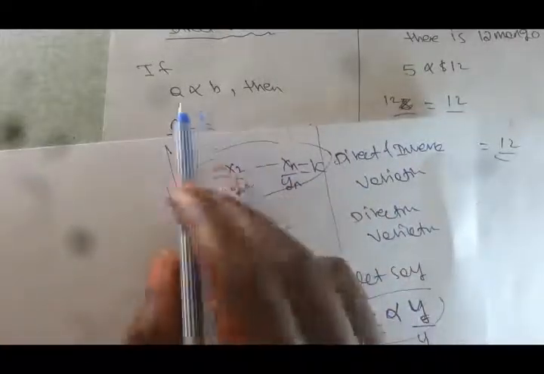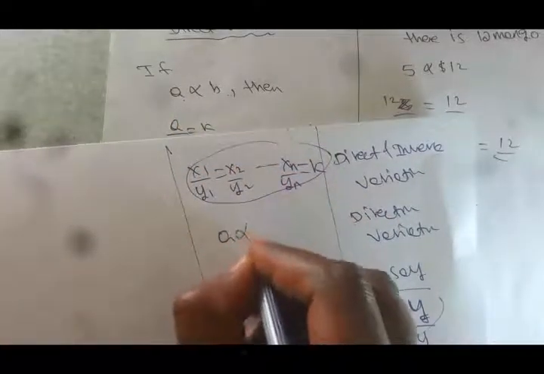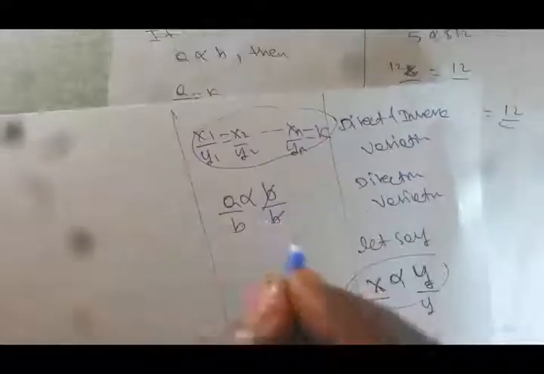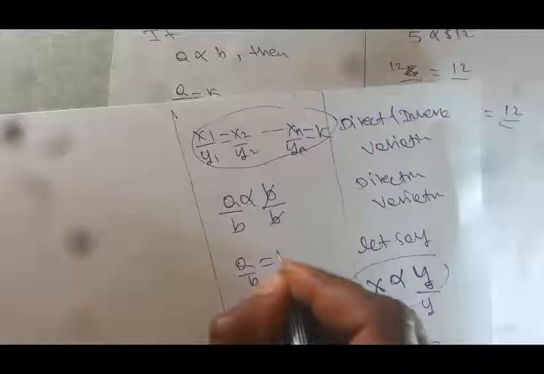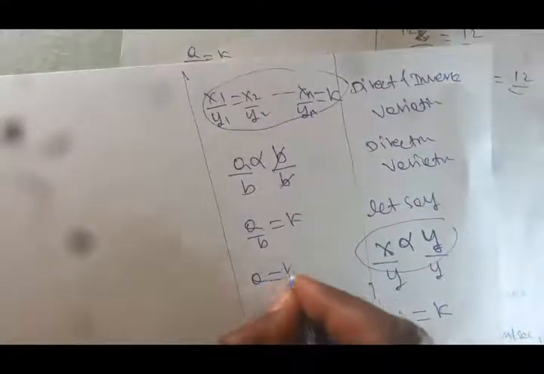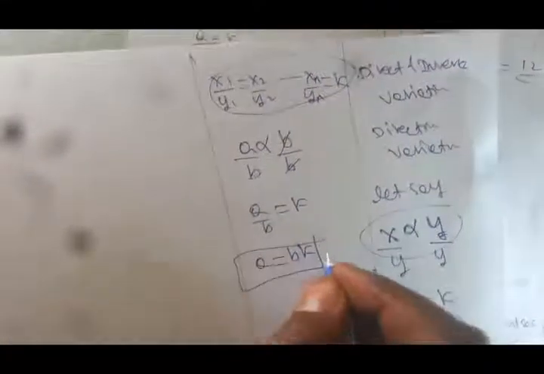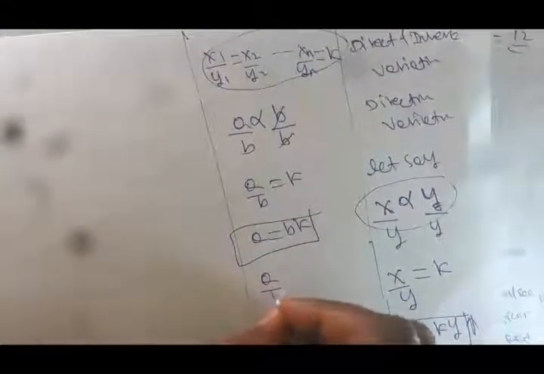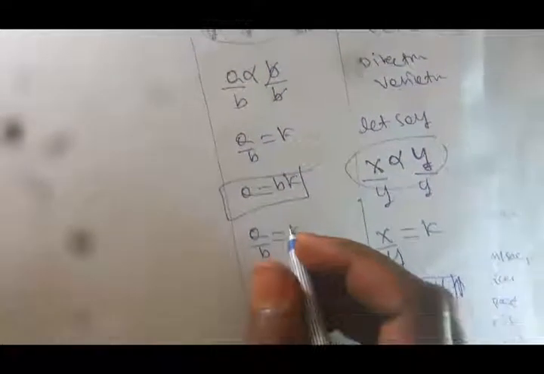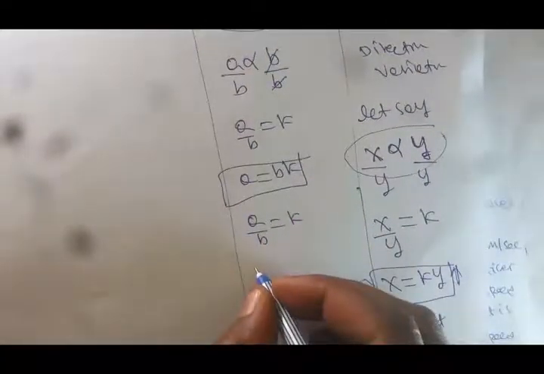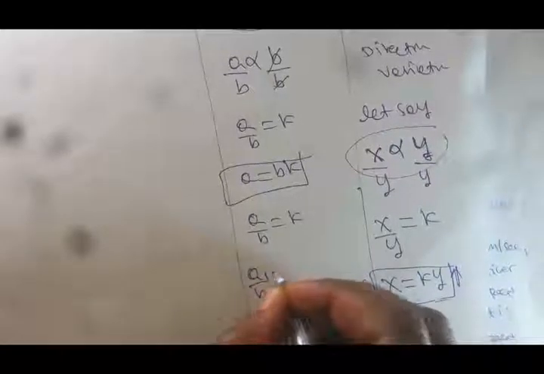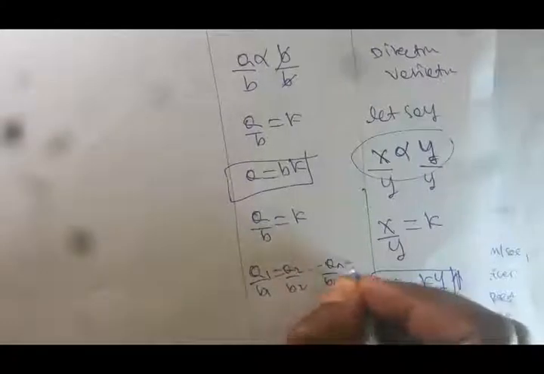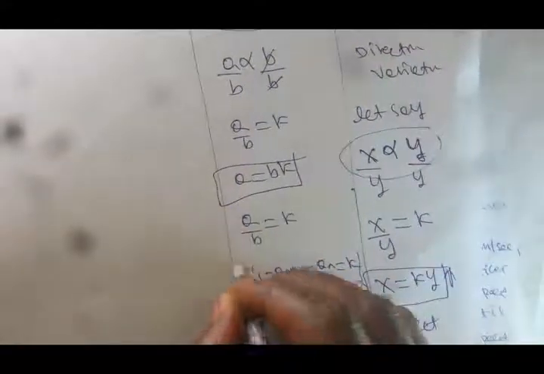Or let's say in terms of a and b: if a is directly proportional to b, when we divide by b, a over b gives us a constant k. Therefore a is equal to b times k, our direct variation function. If you are given more than two situations, a1 over b1 is equal to a2 over b2 up to an over bn, which is equal to k. This is direct variation.